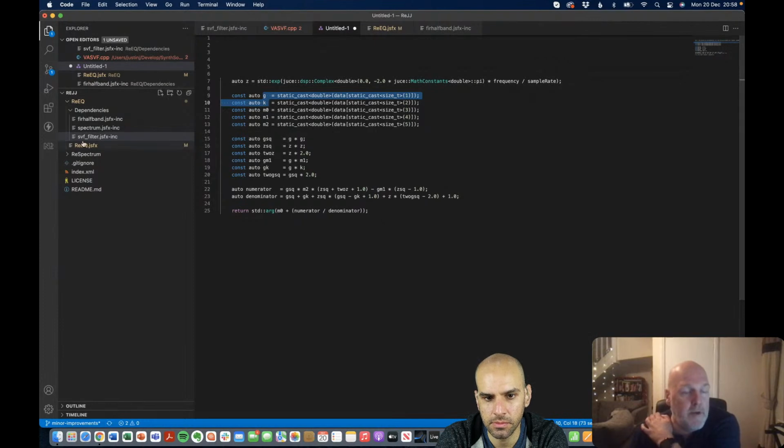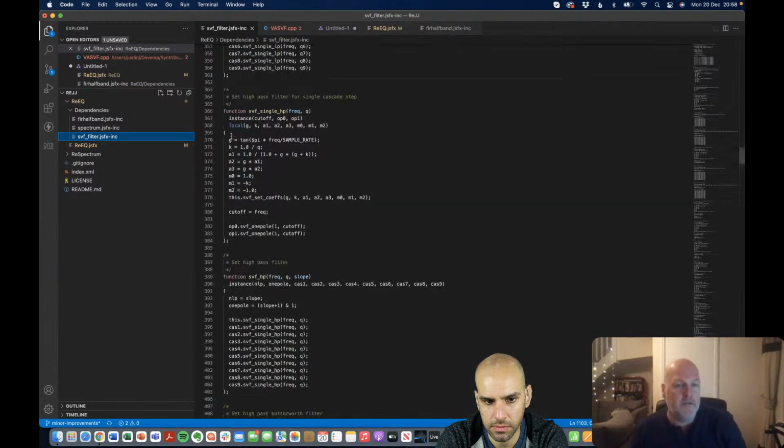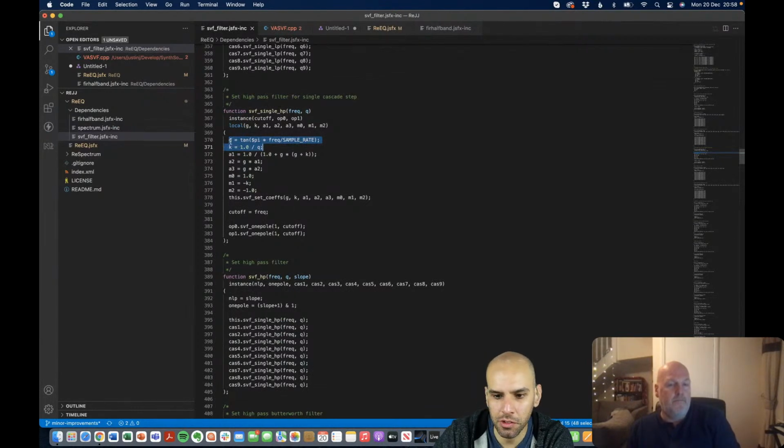So if we go back to SVFs and look at one of the filters, we've got the G and the K. Yeah, they come from Andy Simper's papers that we looked at an hour and a half ago. So to get the magnitudes, you need those two.